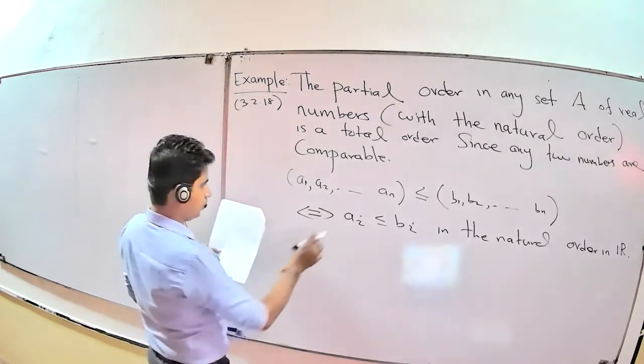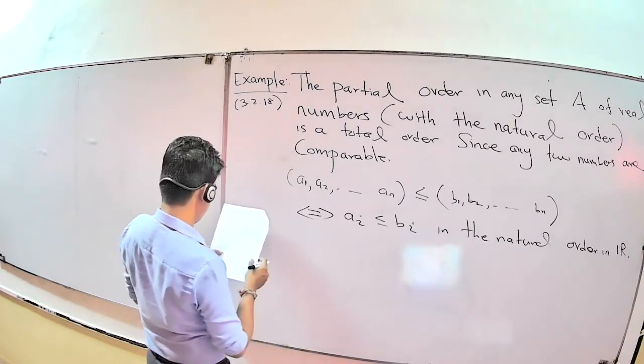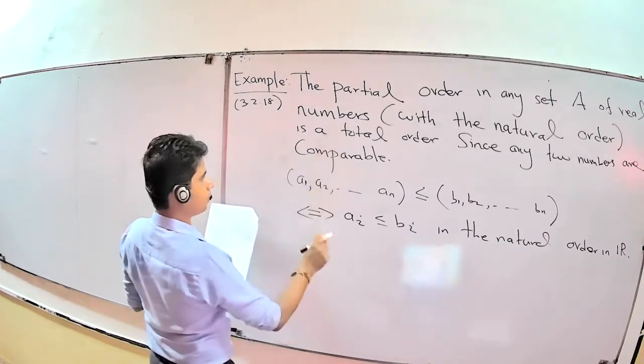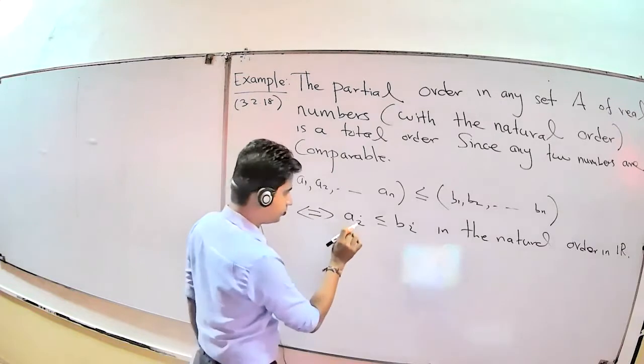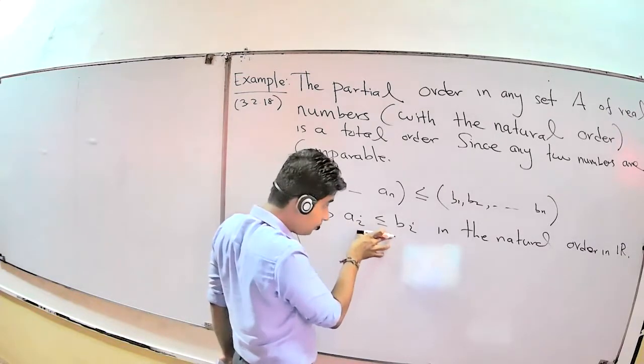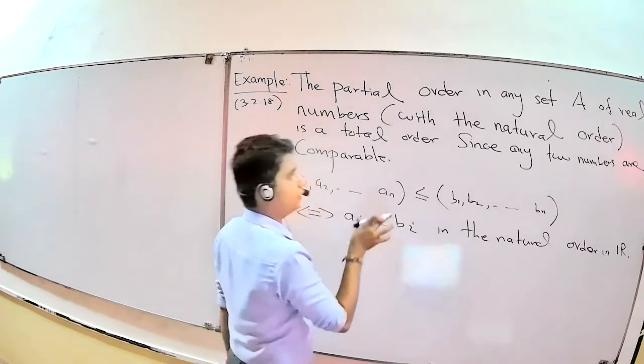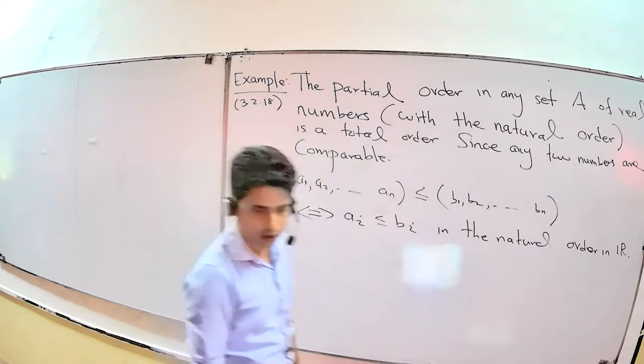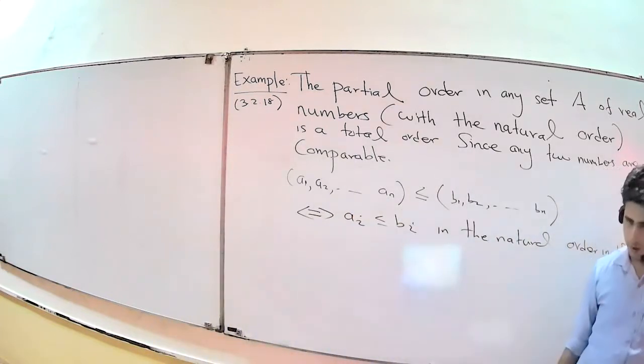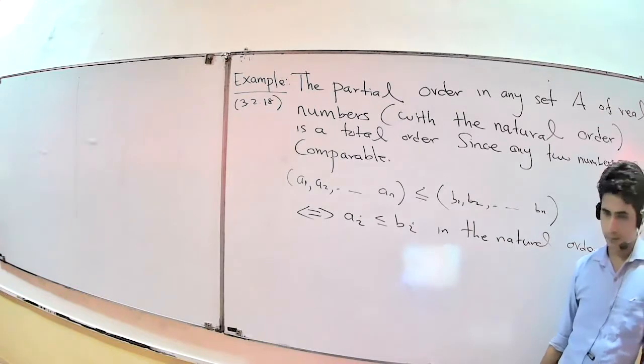Therefore, you want to show reflexive, antisymmetric, transitive, then you consider it a partial order, and each of the elements ai less than bi means each of the elements is comparable. Therefore, it is a totally ordered set. It is the solution for this part.